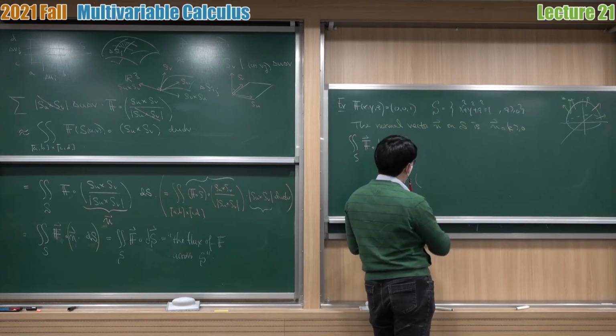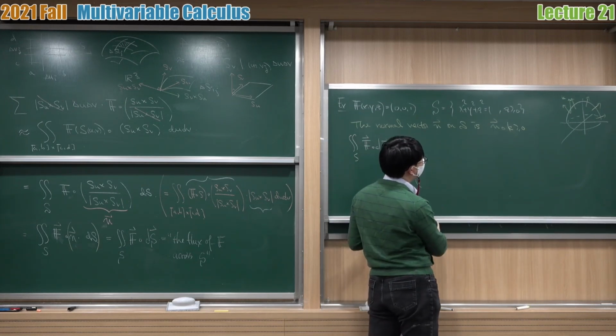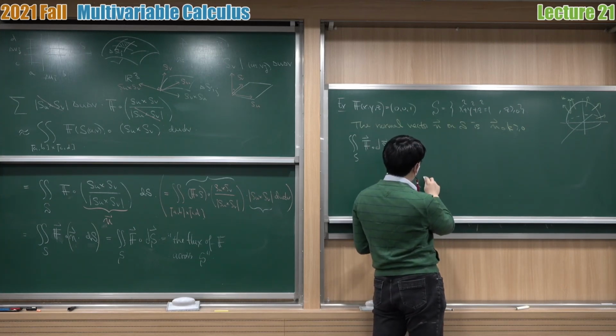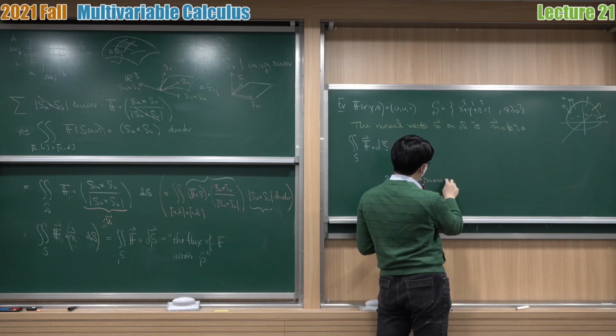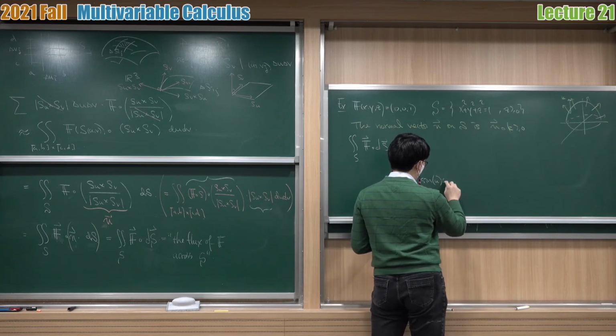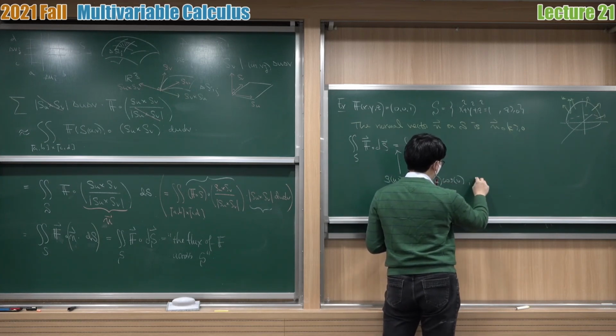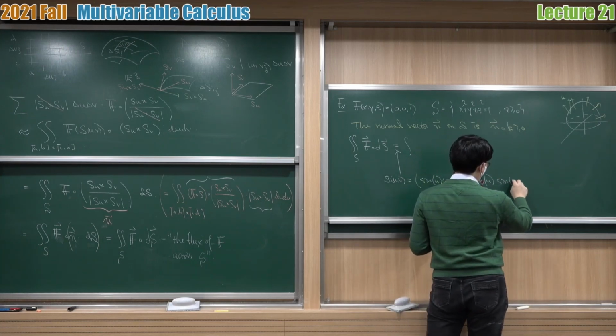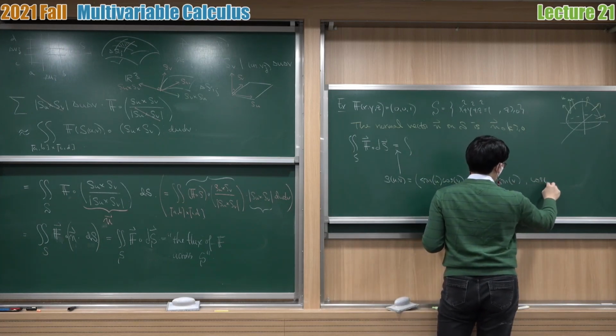That gives, for example, theta and phi. I'm going to take sin u cos v, sin u sin v, and cos u.